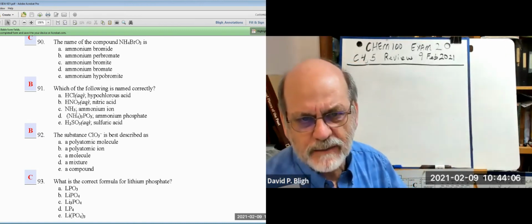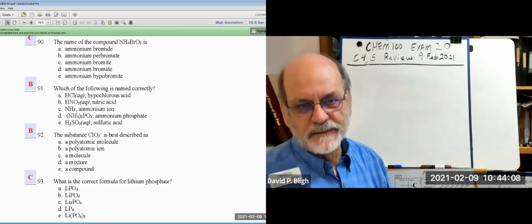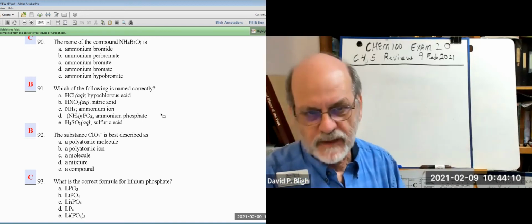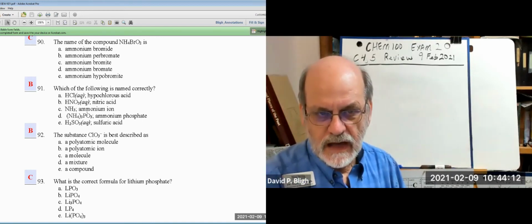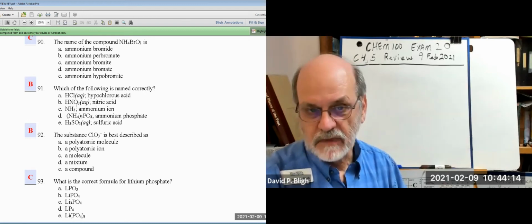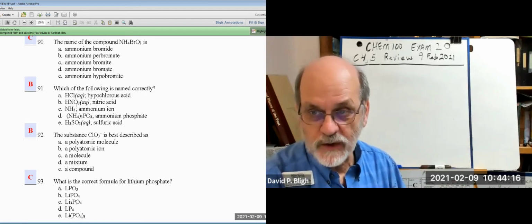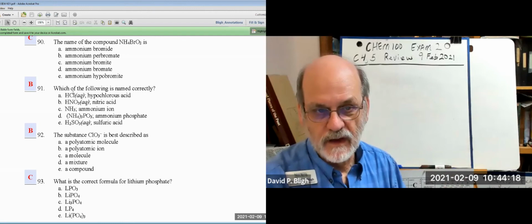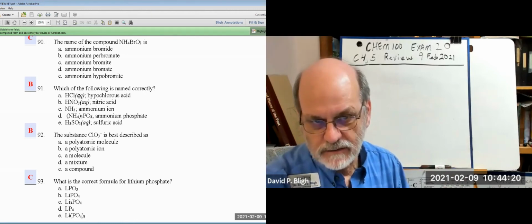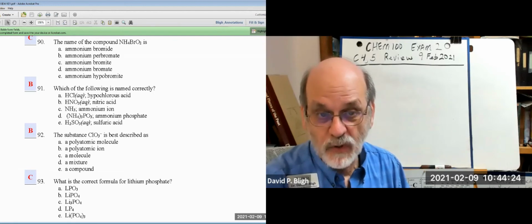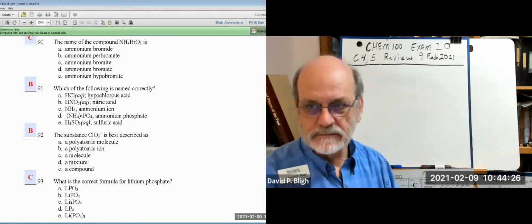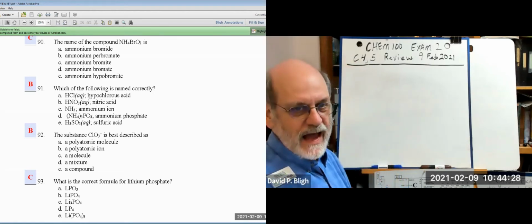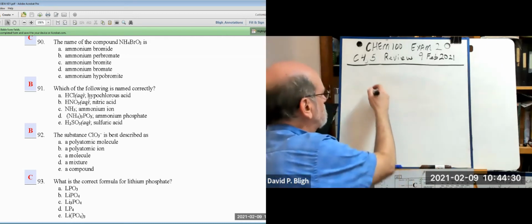Which of the following is named correctly? So, test taking technique. Look at all these, and they're all unique. So, you find one that's named correctly, and you're done. So, HCl. Is that correct? Hypochlorous acid? HCl, 91.